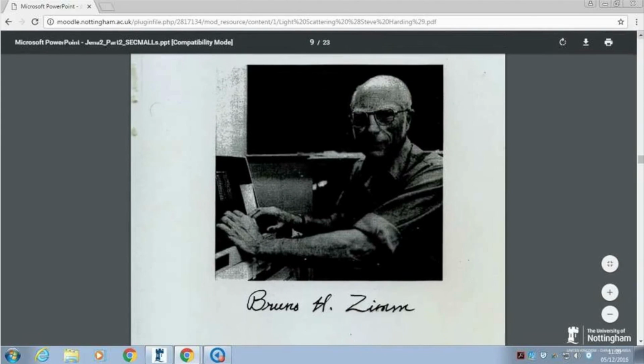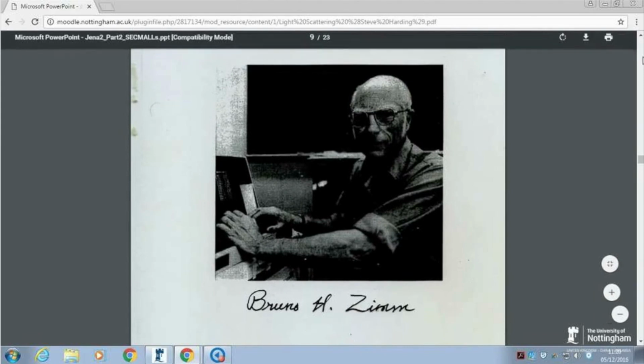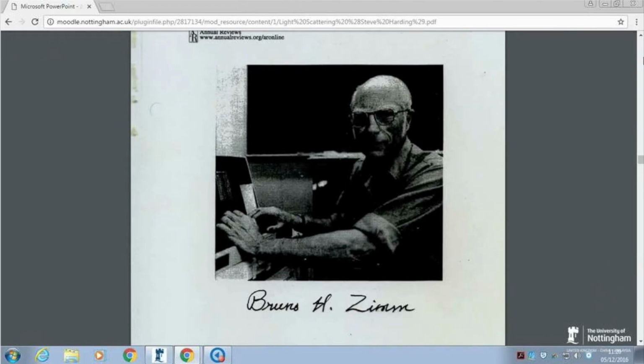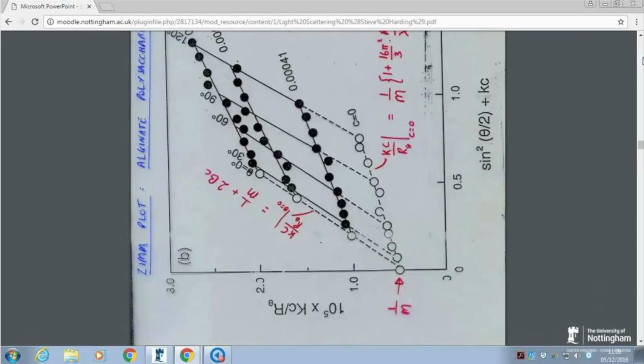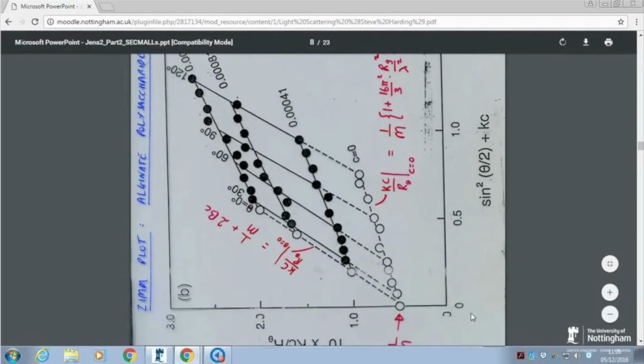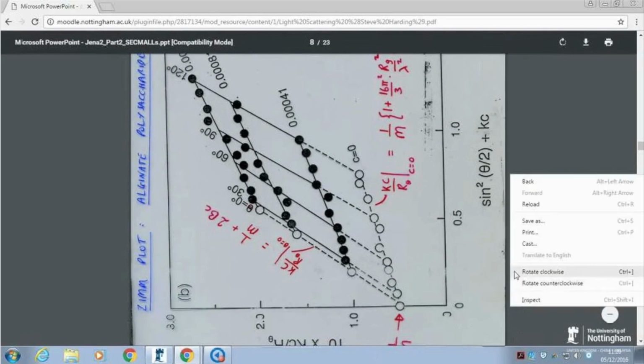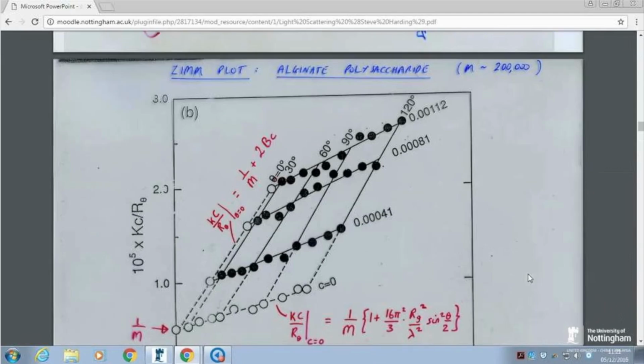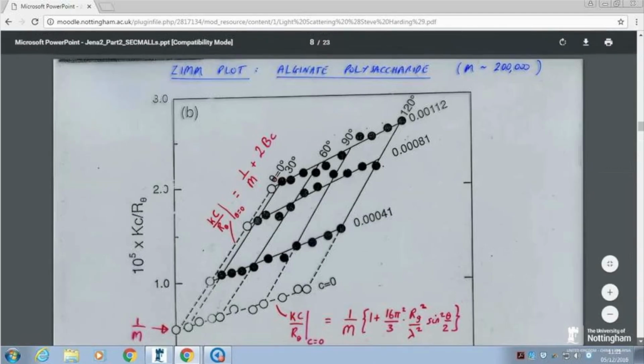So Bruno Zimm, you came up with this idea of a plot, which is called a Zimm plot. It's clever. It really is clever. Let's just rotate it clockwise. There we are. So this looks complicated.